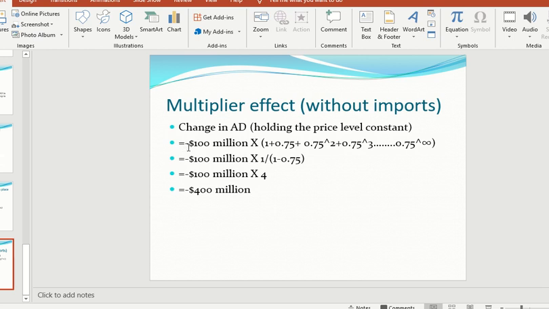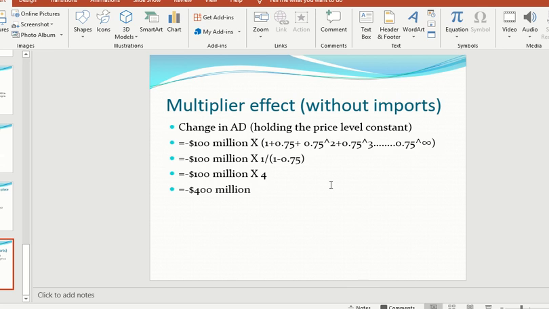So initially we have a 100 million decline in investment, 100 million times 1. In the second round we have a 75 million decline in consumption, so that's 0.75 multiplied by $100 million.